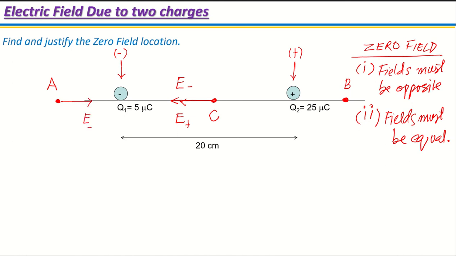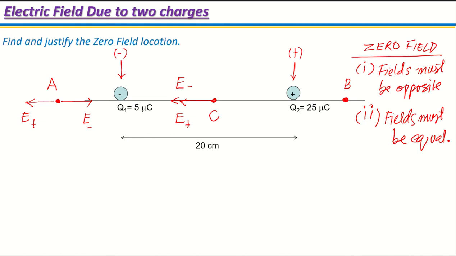And for the positive charge, the electric field at point A is away from the charge. So here the electric fields are opposite, so there is a possibility of having zero field.